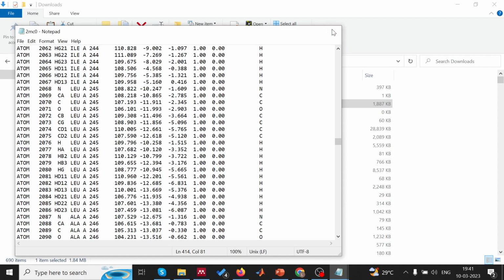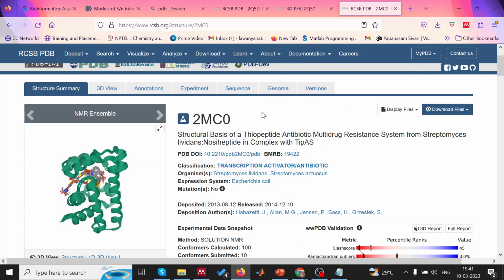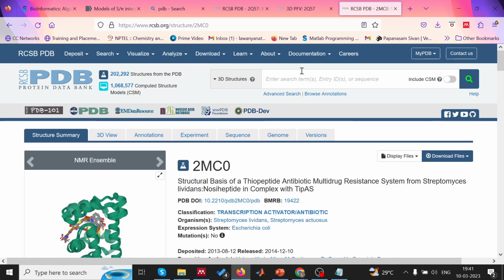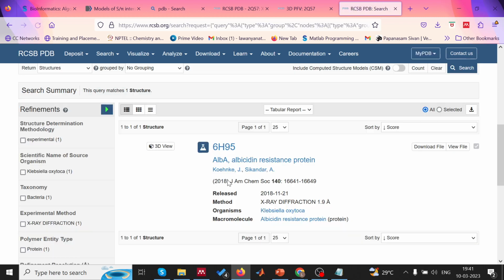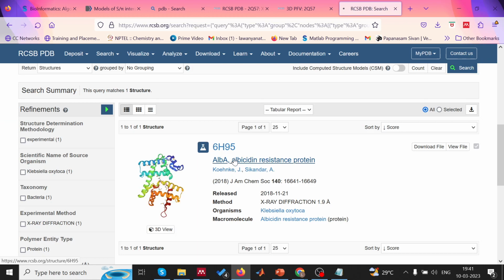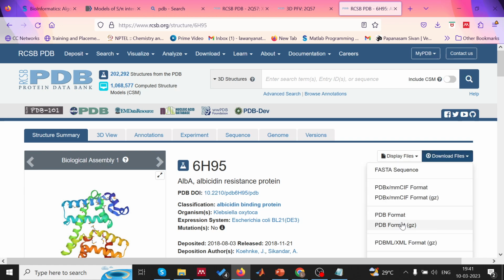Let me look into some other structure. So this is an X-ray structure.